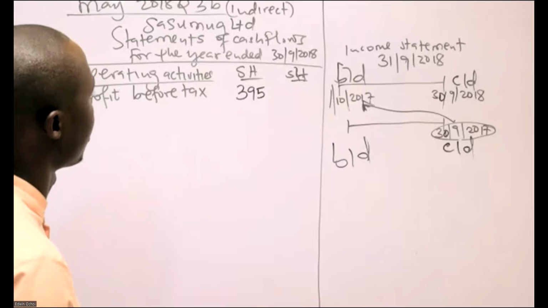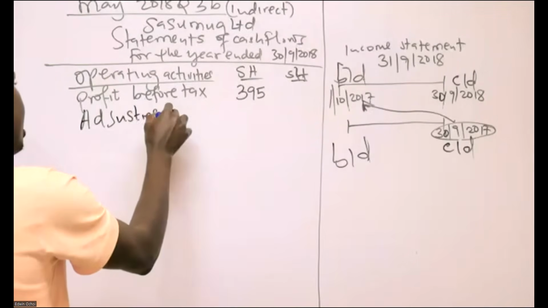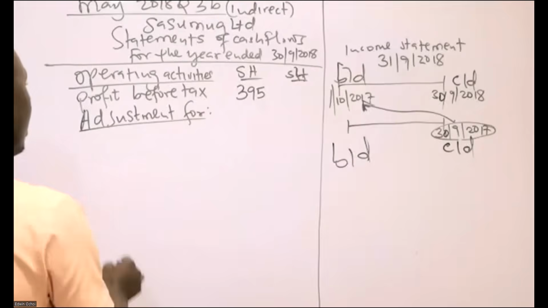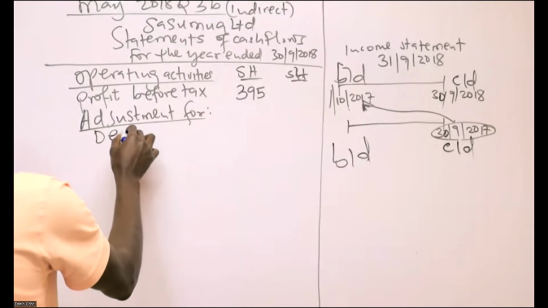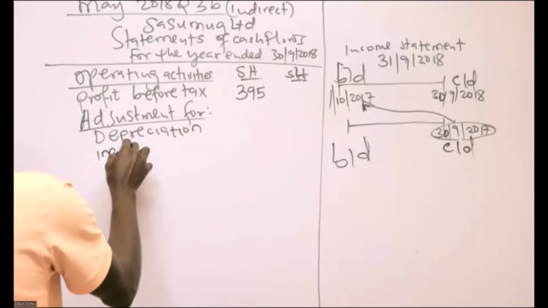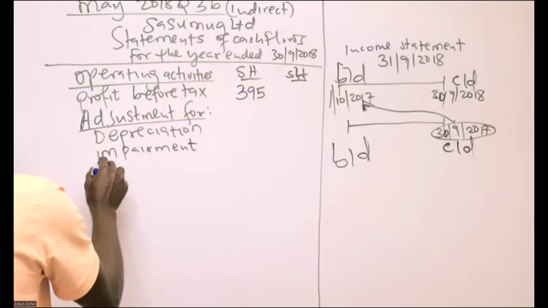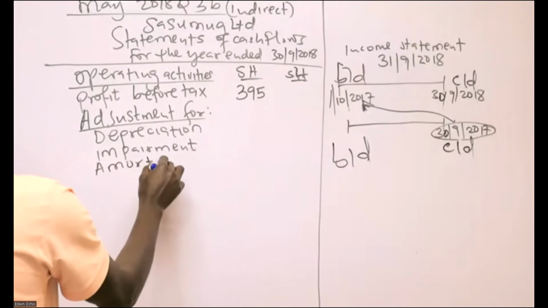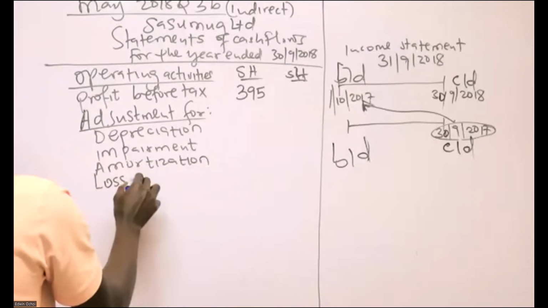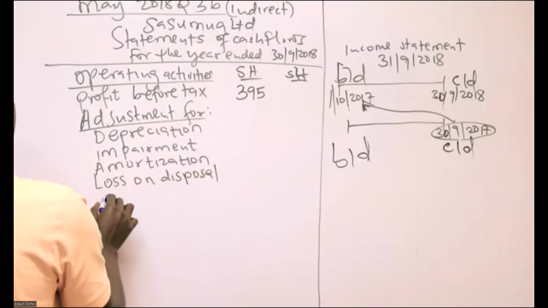So that is the profit before tax. Then we adjust this profit. Adjustments for what? You mention depreciation without even checking if they are present or not. Impairment. Amortization. You just write them before even you check if they are present. Loss on disposal. And the gain on disposal.